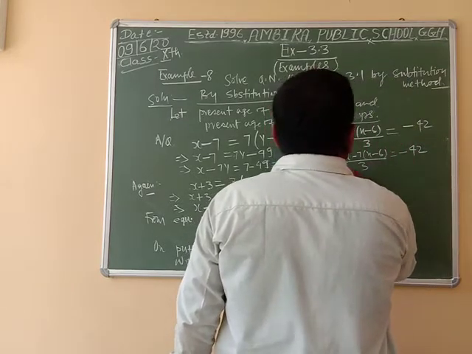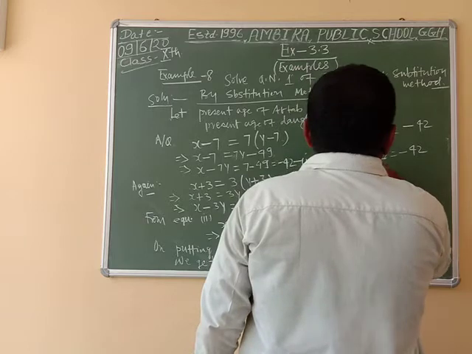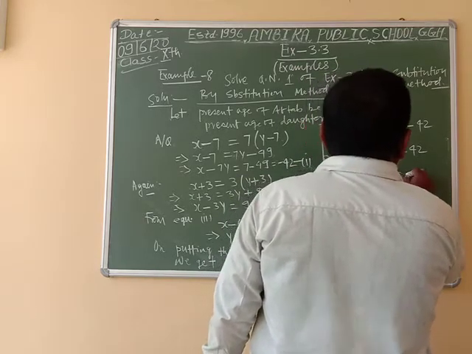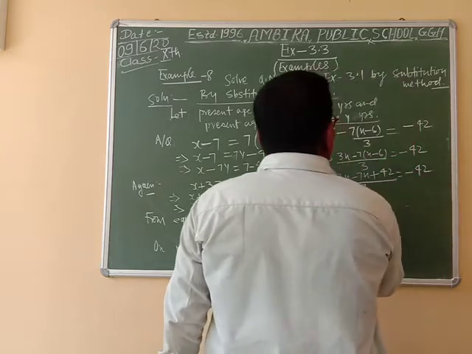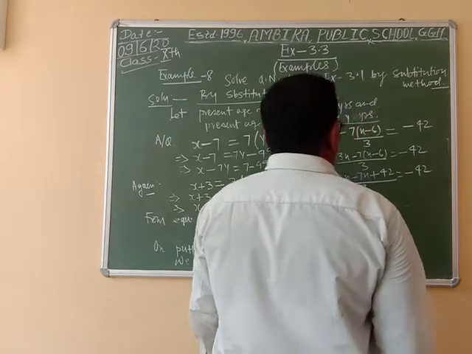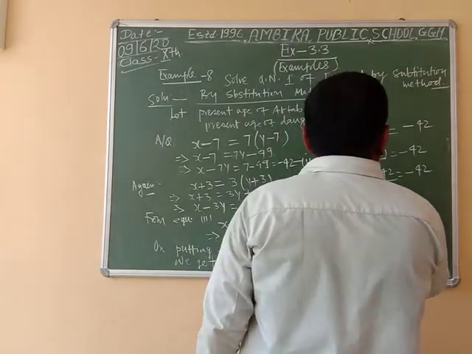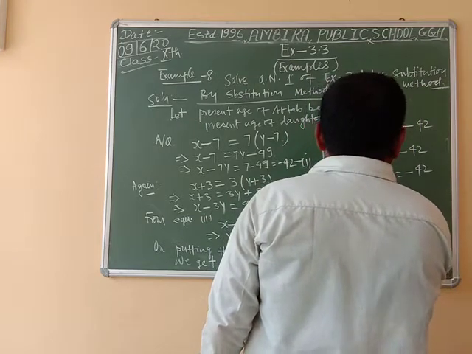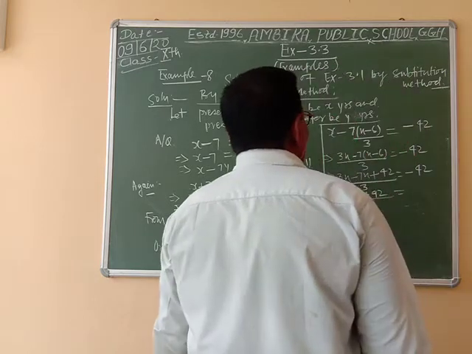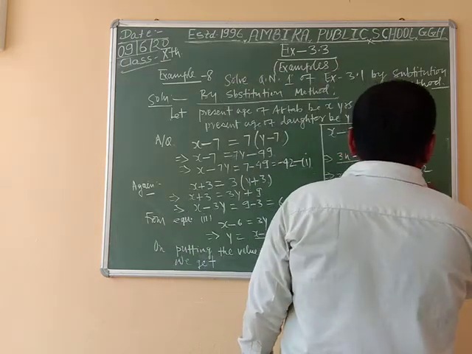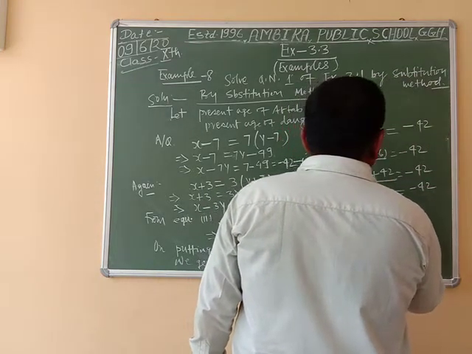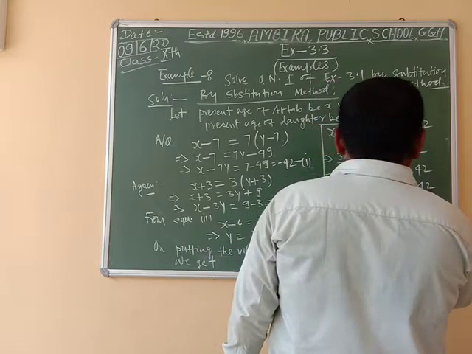Then 3x minus 7x plus 42 by 3 is equal to minus 42, so minus 4x plus 42 by 3 is equal to minus 42.